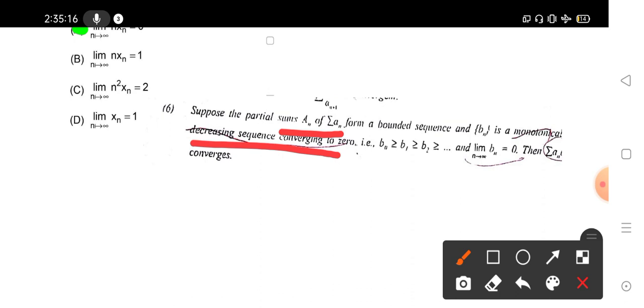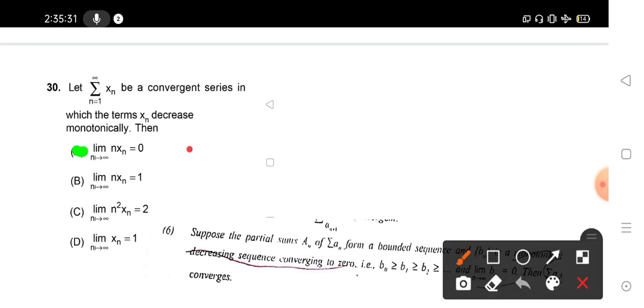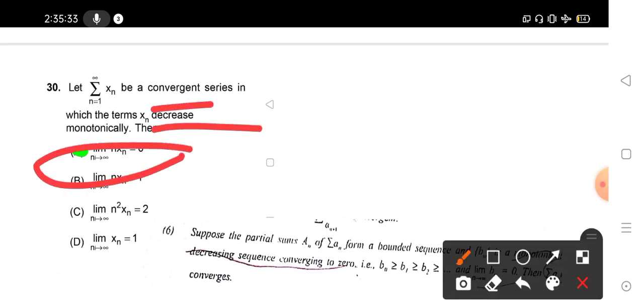Then b0 is greater than or equal to b1. This is a decreasing sequence tending to 0, which implies the product also converges to 0. From this result option A is correct. Here the series is convergent and decreases monotonically, so the option is 0.